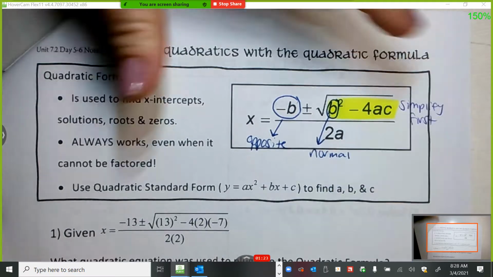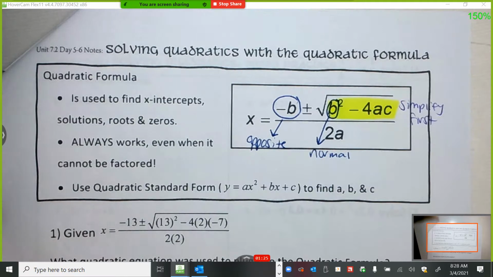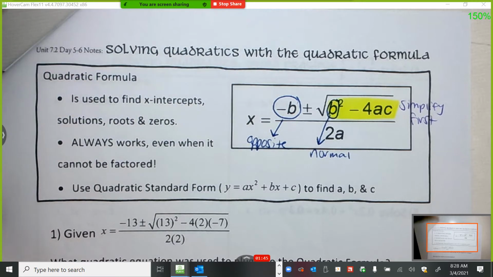Now, don't include the house, just what's inside of it. Because if it's negative and you type it all with the house, it's just going to tell you error. And if it's not a perfect square, it's going to tell you some ugly decimal, and you're going to have to go backwards anyway and figure out what it is to simplify it. So it's just easier to get in the habit of typing what's under the house and simplifying that first.